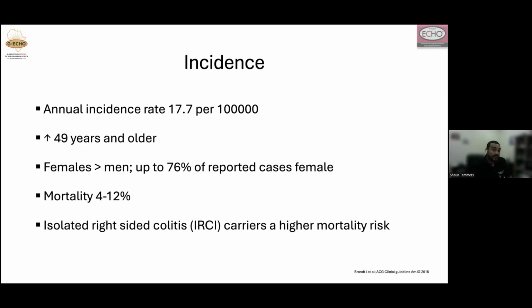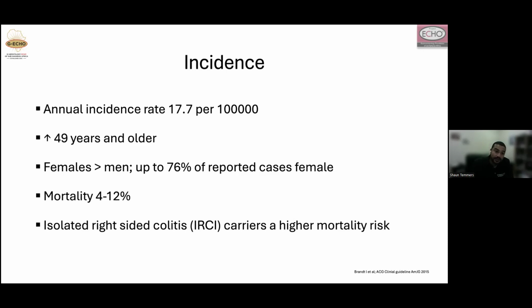Its annual incidence rate is increasing. It's 17.7 per 100,000 in the US and around 16.4 in European cohorts. It increases with age. Once you're older than 49 years of age, your risk for developing colonic ischemia increases by 0.87% per annum if you have significant risk factors.